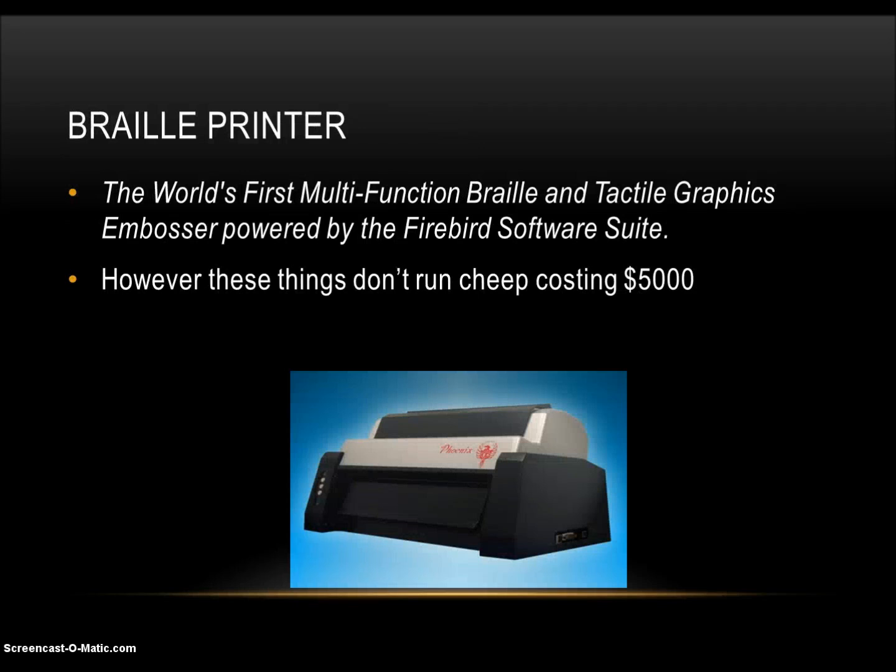Here's a Braille printer. This is the world's first multifunction Braille and tactile graphics embosser powered by Firebird software suite. A Braille embosser is a printer, necessarily an impact printer, that renders text as tactile Braille cells. Using Braille translation software, a document can be embossed with relative ease, making Braille production much more efficient and cost-effective.